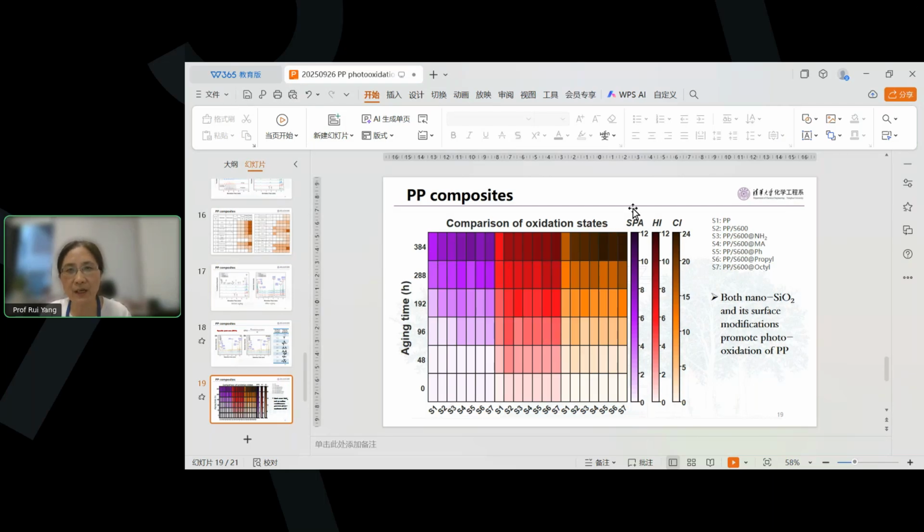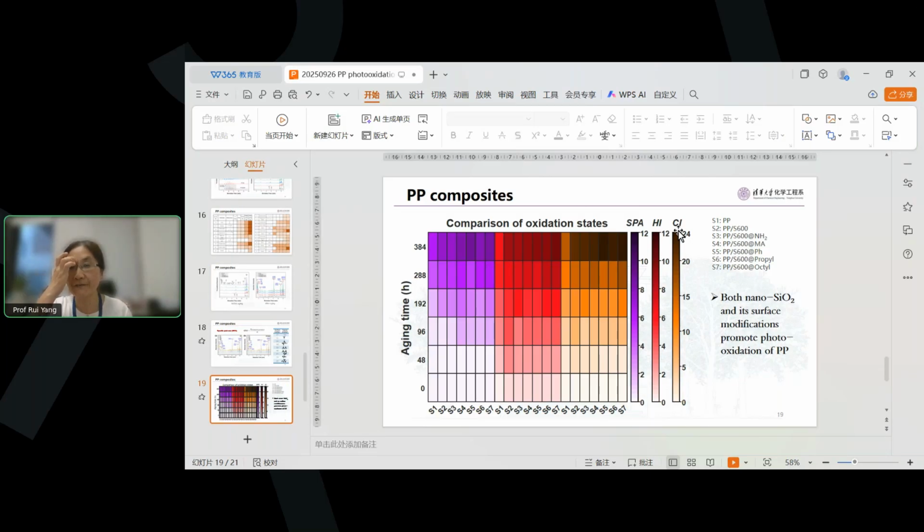So we compared the data from flash evaporation by PYGCMS. We compare this result with general FTIR results. This is the hydroxyl index, which shows an increase of hydroxyl functional groups. And this is the carbonyl index, which shows the carbonyl group concentration.